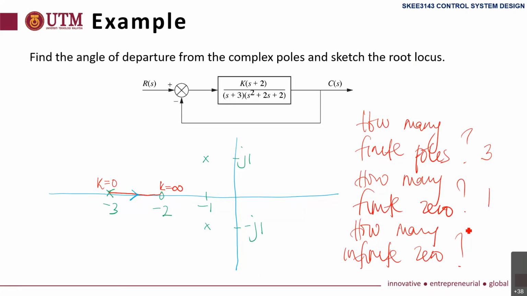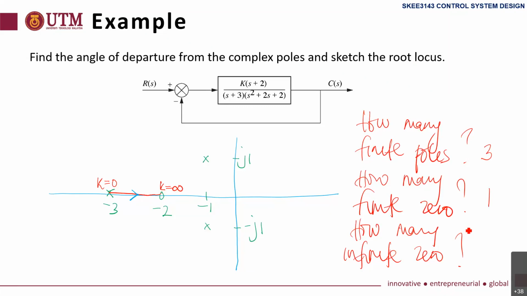The question that I asked in rule number 5 is also related to rule number 4. Rule number 4 says all root locus must start from poles and end at zeros. Right? So we have 3 poles. We have 1 finite zero.